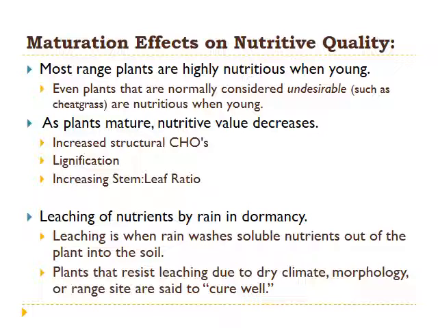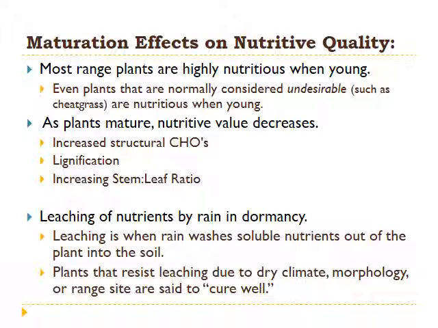One other problem that happens as plants get older, their cell walls can become a little bit more leaky, and if it rains, those nutrients in the cell contents can wash away. That's called leaching. Leaching is when the rain washes those soluble nutrients out of the plant onto the soil.